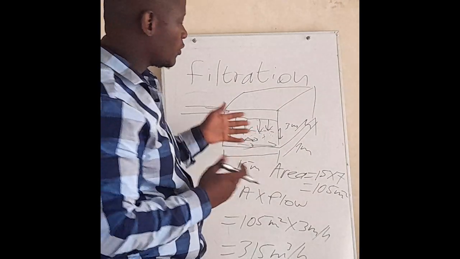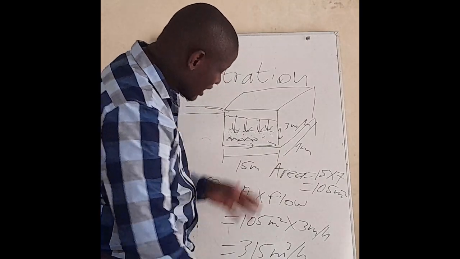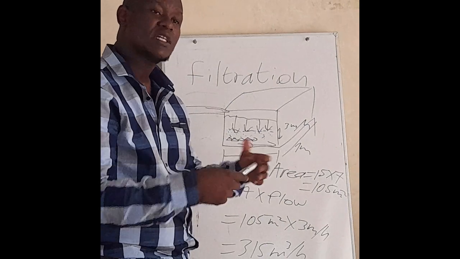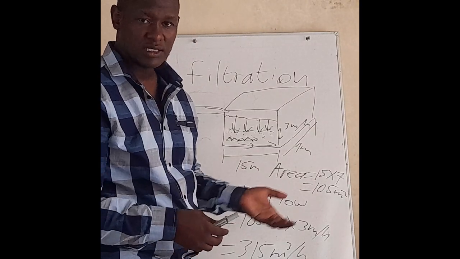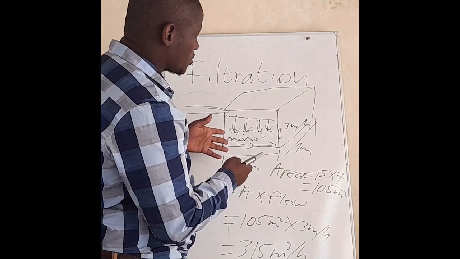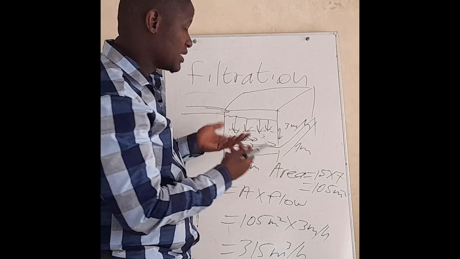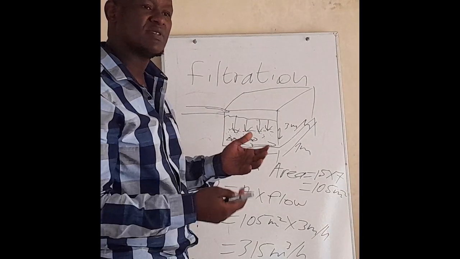And before summing it up, we had earlier mentioned that we have different types of filtering beds. All of them have advantages and disadvantages, and this one is most commonly used because of its advantages. And when it clogs up it becomes easier.